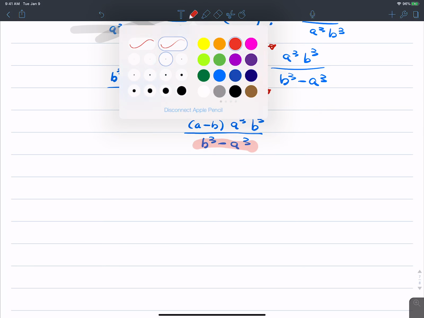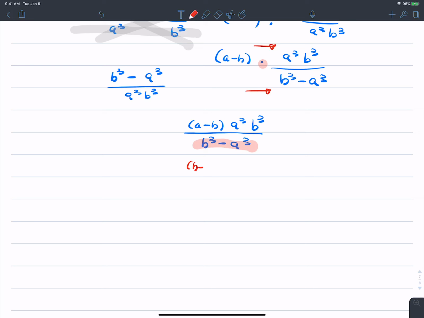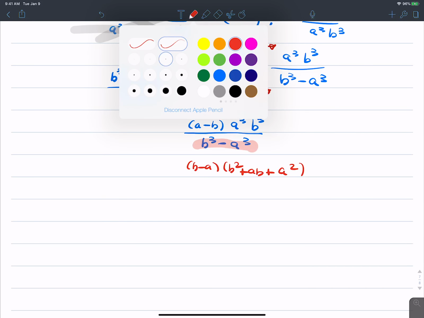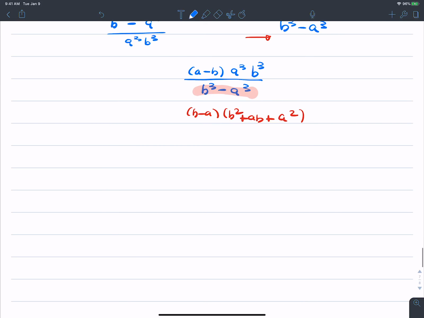So when we factor that difference of perfect cubes, this is b minus a, b squared, ab, plus and plus. So what you can see now here with a minus b, a cubed b cubed, over b minus a times b squared plus ab plus a squared.